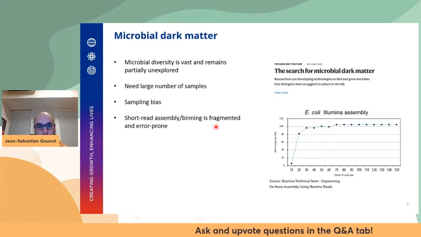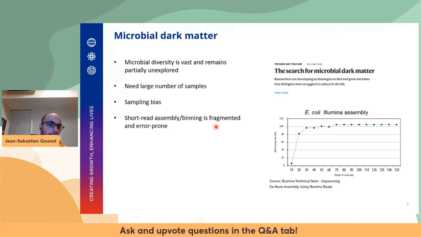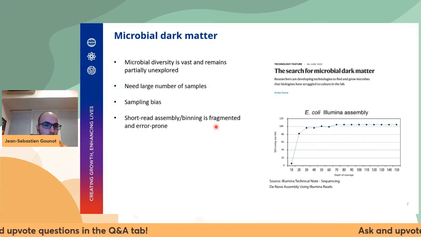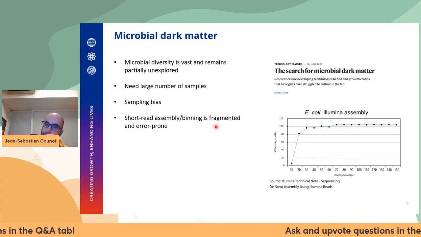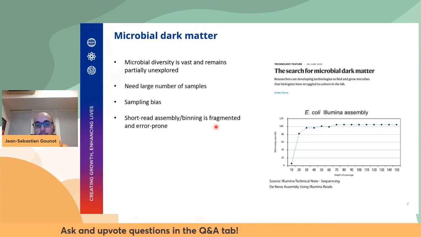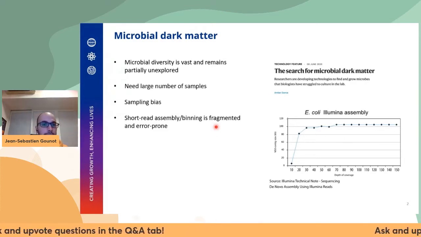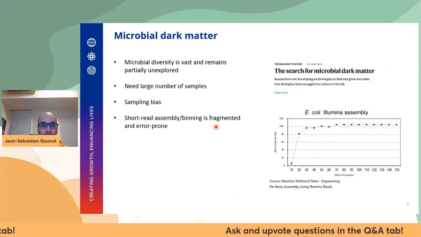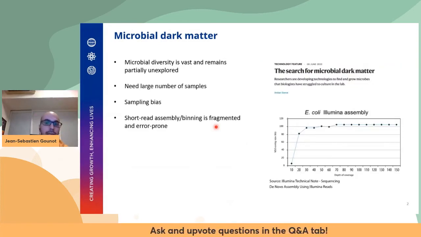Not only for the gut microbiome, but for all the different microbiome analyses, it's interesting to look at other cohorts. Among the other reasons are more technical ones. Short-read assemblies, which have been used for most of the metagenomic studies before, lead to fragmented and error-prone assemblies.